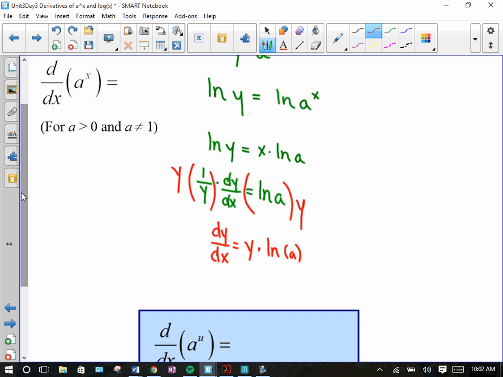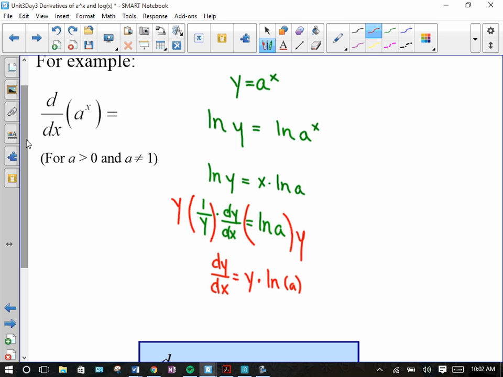We don't want a y over here. Do we know what y is equal to? Y is equal to a to the x power. So the derivative is equal to a to the x times natural log of a.